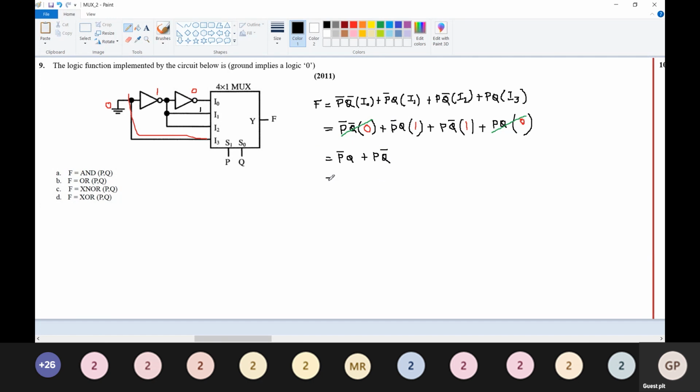So this can be written as P XOR Q. That is your answer. So your correct option is D. We move to the next question.